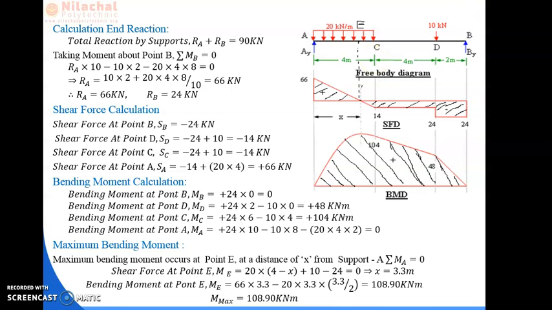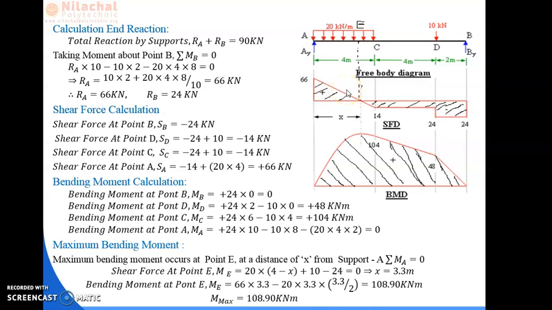After C point a UDL is applied. So the UDL load is 4 into 20, that is 80 kilonewton. So up to C the shear force is minus 14, and after the UDL is applied it is plus 20 into 4, so that is 66 kilonewton.